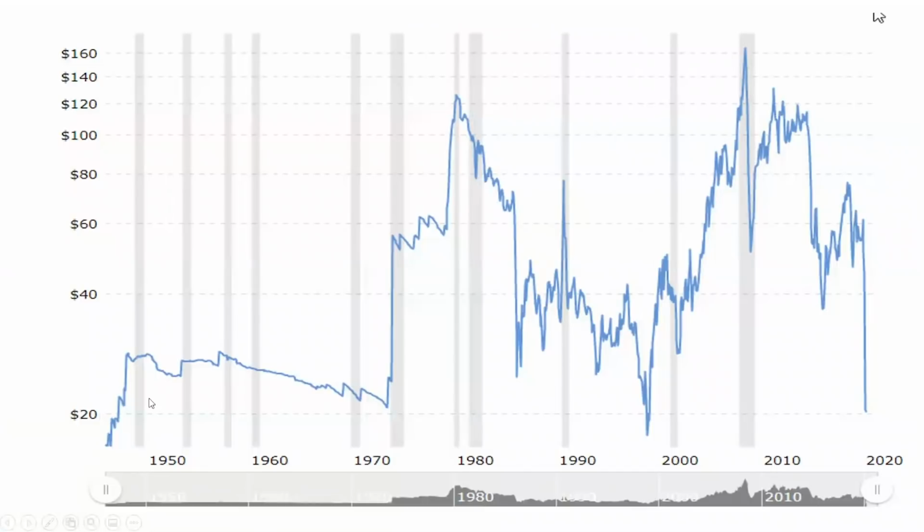So this here now is a chart of oil, and this chart is Brent crude oil. In 1972, what you can see reflected here is the actual oil crisis that happened. It started out at around $22 a barrel. It spiked to about $58 a barrel in 1975.